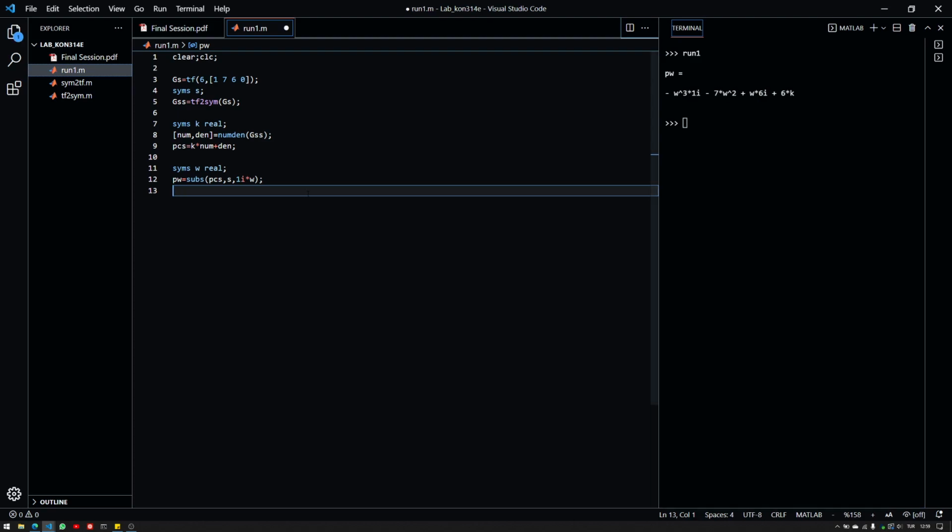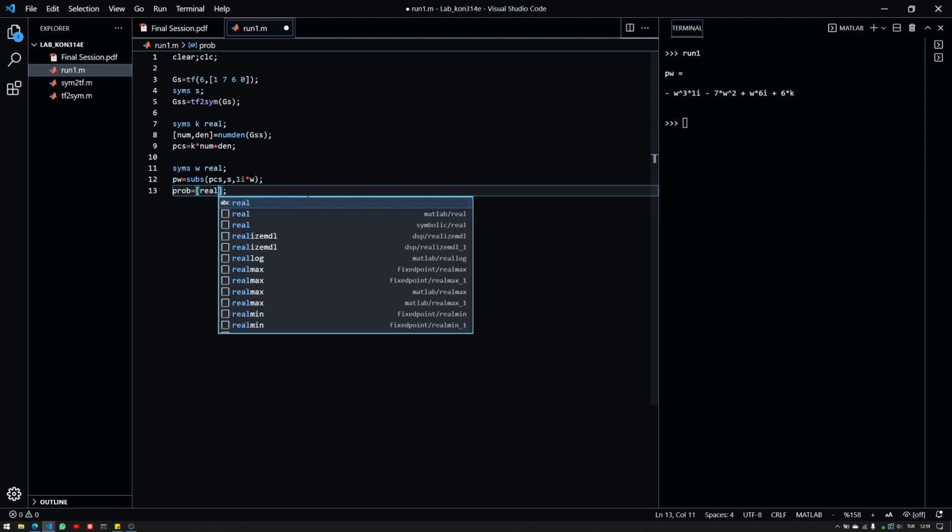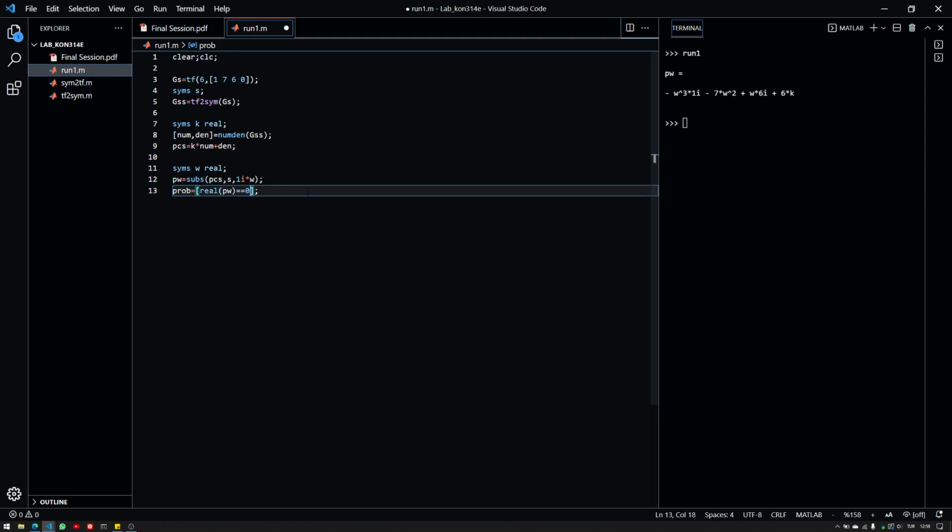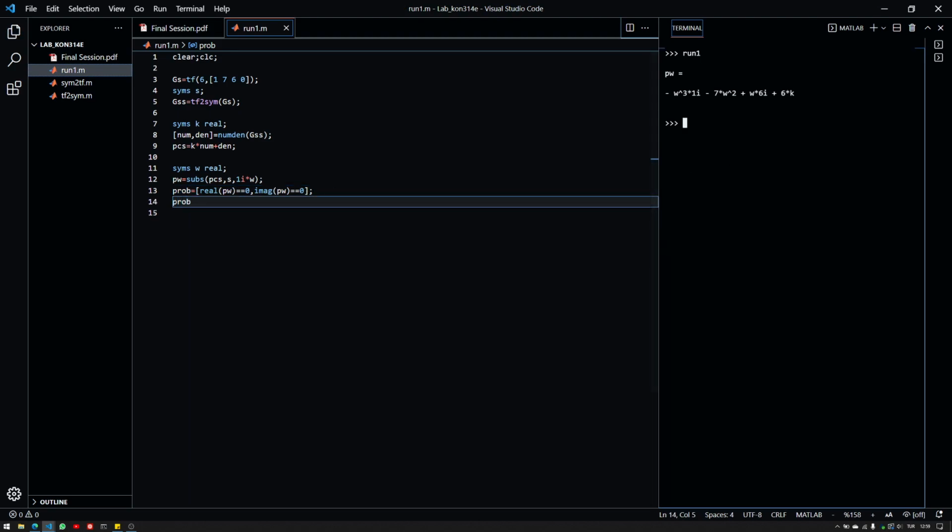So basically, our problem definition would be literally take the real part of p of omega, equate it to 0, take the imaginary part of p of omega, equate it to 0. So let's see what the equation set here is, basically.